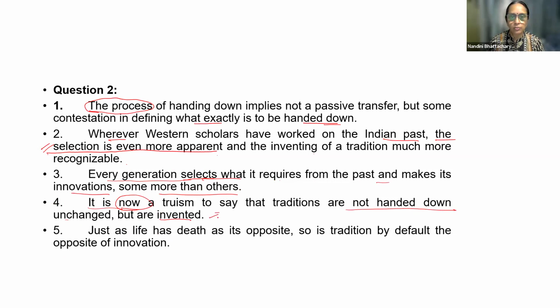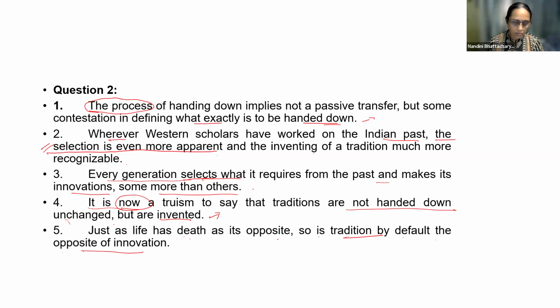So this should be linked to something related to handing down or innovation. It has both. Just as life has death as its opposite, so is tradition by default the opposite of innovation. So tradition, opposite of innovation.